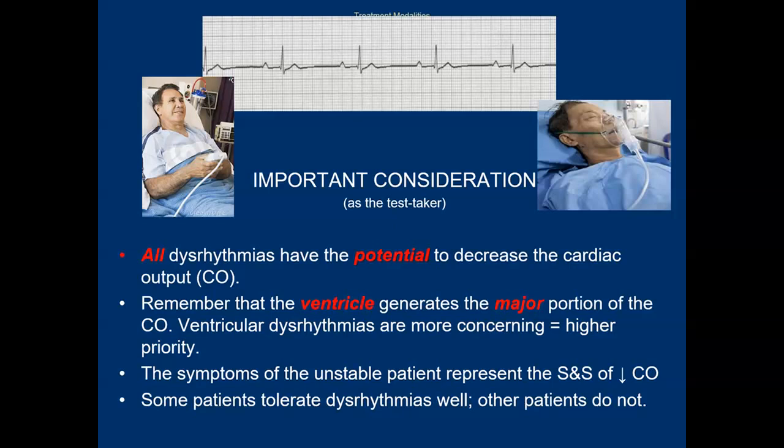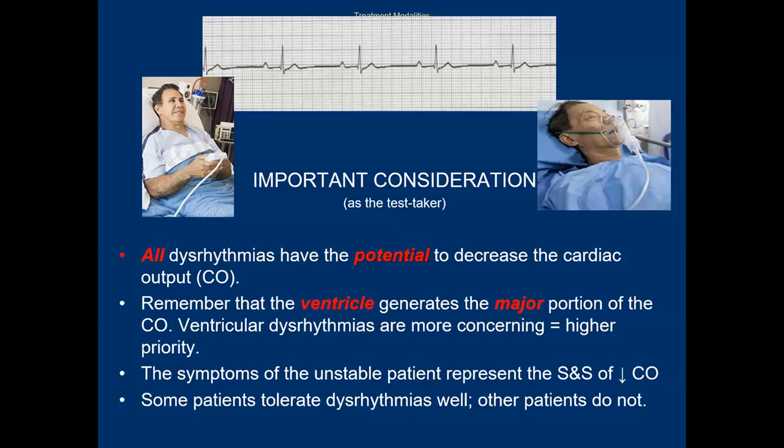Remember, when we look at our rhythms, dysrhythmias that occur with the atrium, or atrial dysrhythmias, which also includes the blocks, might be just watched, because when it comes down to the importance of chambers, we know that the ventricle is very important. It provides the major portion of the cardiac output.